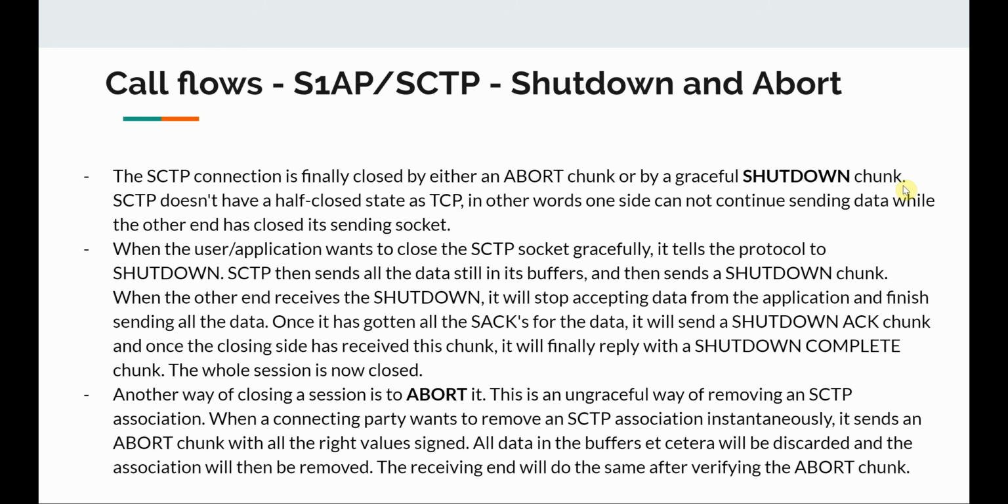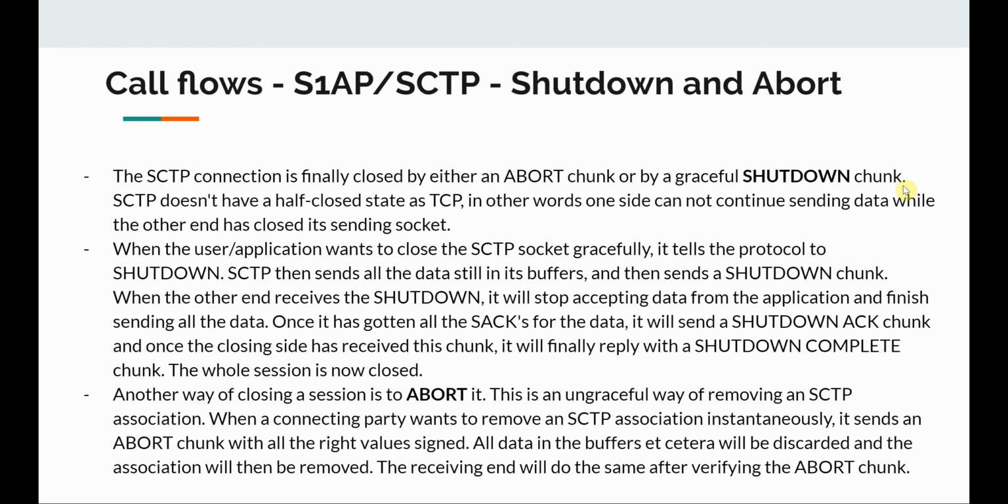Whereas if the peer keeps sending heartbeats and never gets a heartbeat ACK, it will retry for a certain amount of time. But at that point, it will drop that connection. And the way it drops that connection is by sending an abort message. So the peer that is the originator of the heartbeat will send an abort, and then at that point, the SCTP association is down.